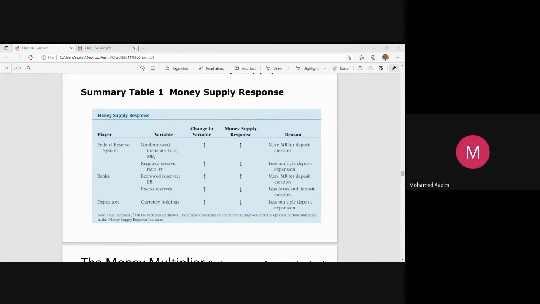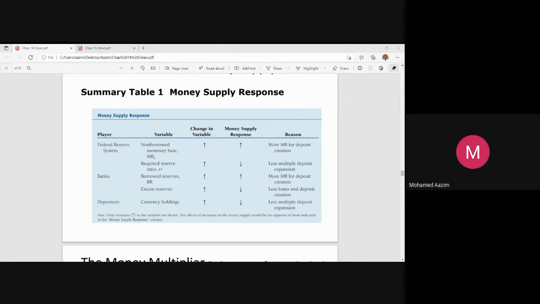Irrespective of whether it's borrowed or non-borrowed, you have the same influence of increasing money supply when borrowed resources increase or non-borrowed resources increase. Similarly, we discussed what happens with changes to the required reserve ratio. An increase in the required reserve ratio would have a decreasing influence on money supply.